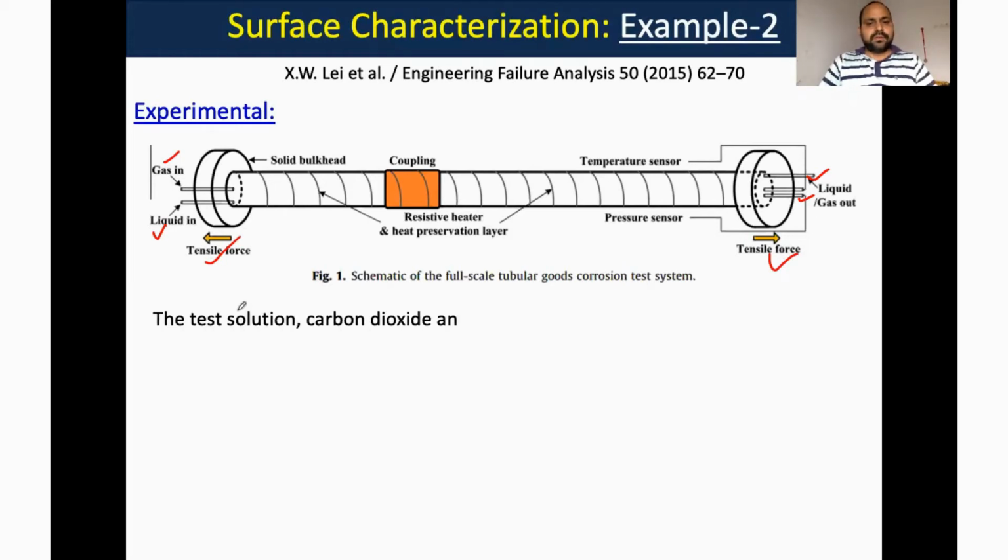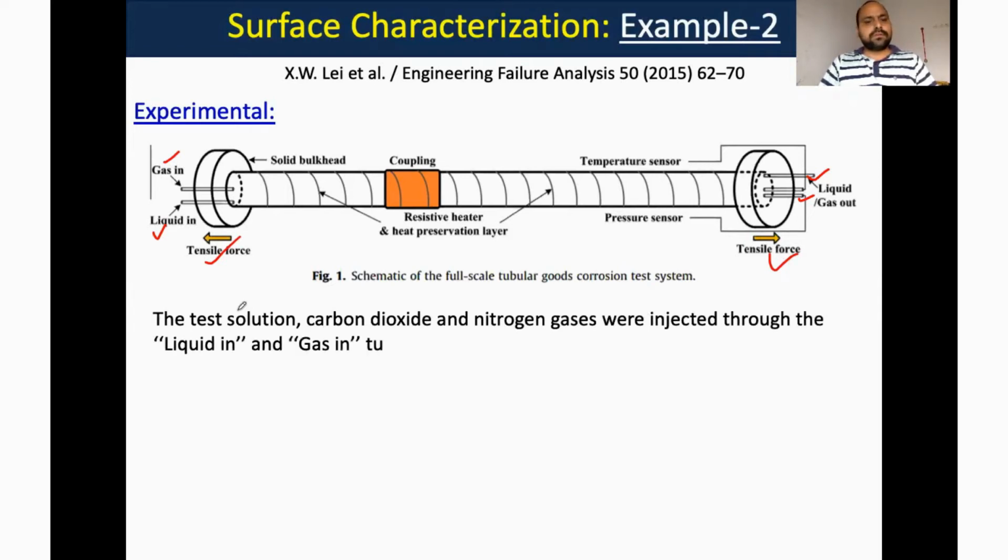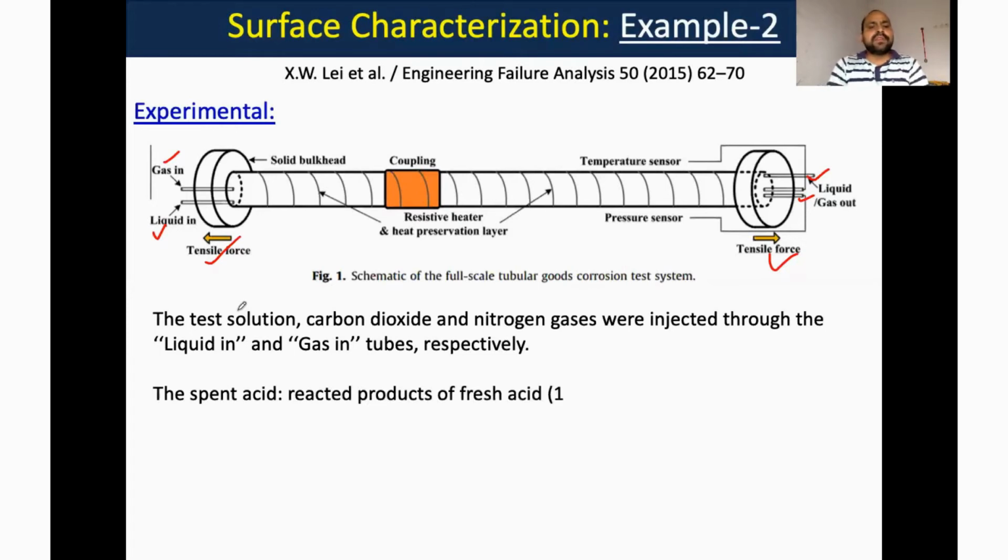So what is the test solution? Basically carbon dioxide and nitrogen gas were injected through the liquid in and gas in tubes respectively. And what do we mean by the spent acid?